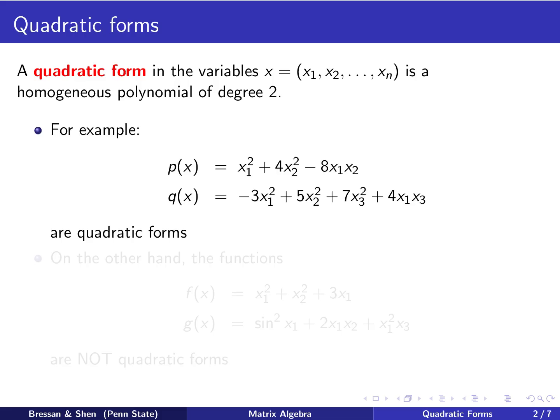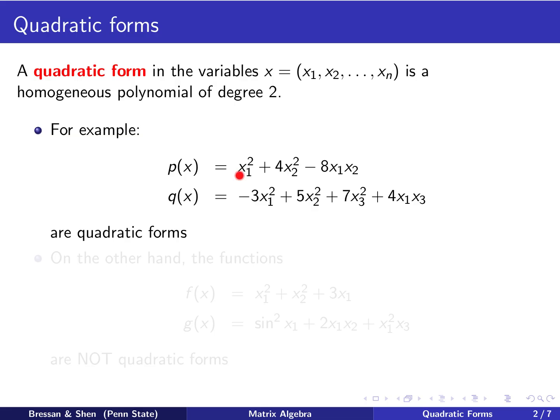We can take an example. Let's say P of x contains 2 entries, x1 and x2. We'll have x1 squared plus 4x2 squared minus 8x1x2. And this is a quadratic form because we can verify it by looking at each term.